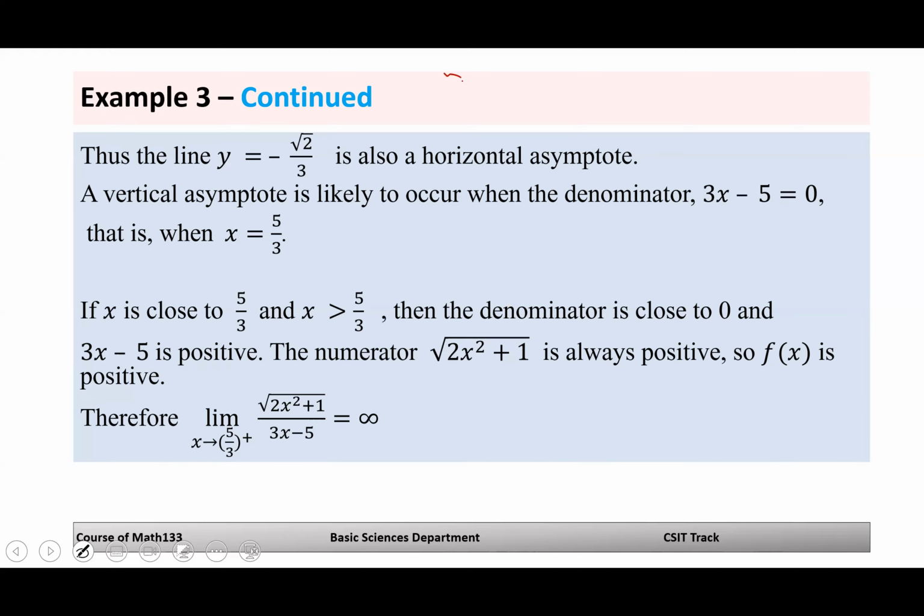It is the limit as x approaches a number a, and the result, the L, is plus or minus infinity. That's the vertical asymptote. It is exactly the opposite of the horizontal asymptote. For the horizontal asymptote, you take x approaches plus or minus infinity, and the limit will be a number. Okay, so it's totally the opposite.